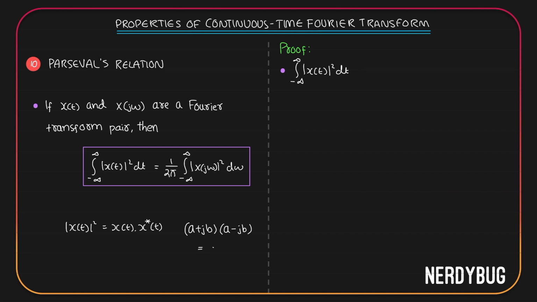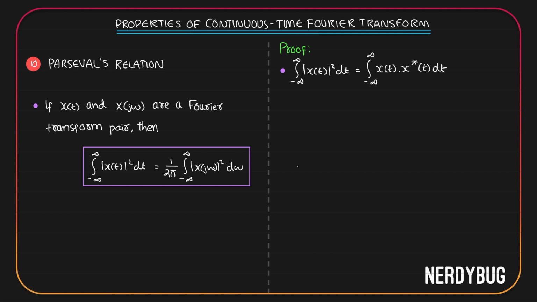If you multiply them, you get a² + b². But what is the magnitude of x(t), or a + jb? It is the root of a² + b². So you can see the product of x(t) and x conjugate of t is actually the square of its magnitude. Using this idea, we can write the integral from minus infinity to infinity of |x(t)|², which is x(t) multiplied by x conjugate of t, dt.